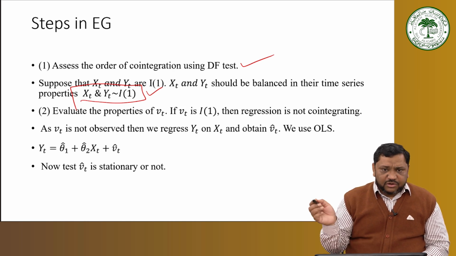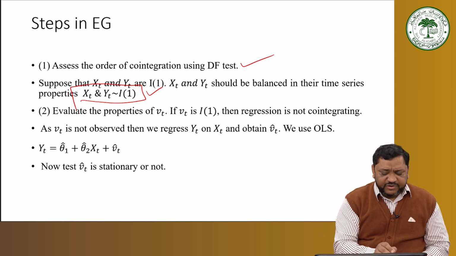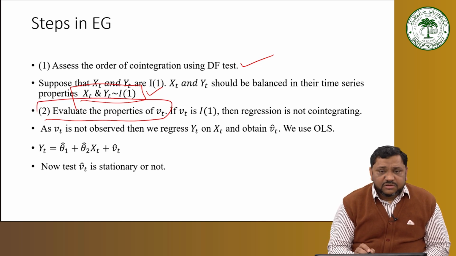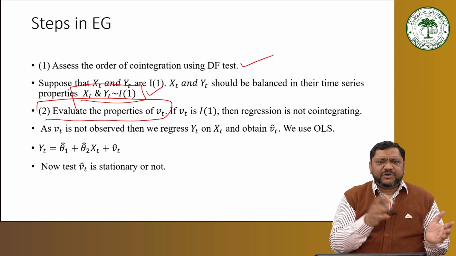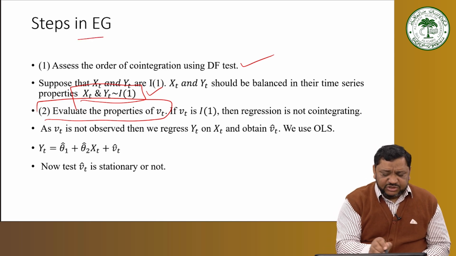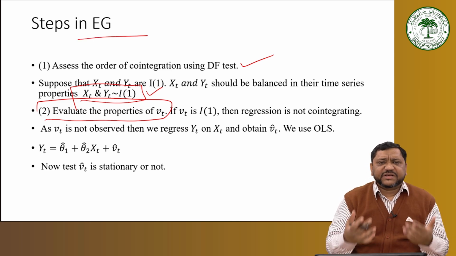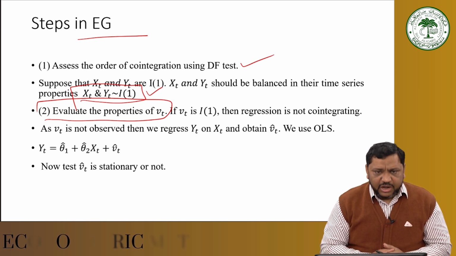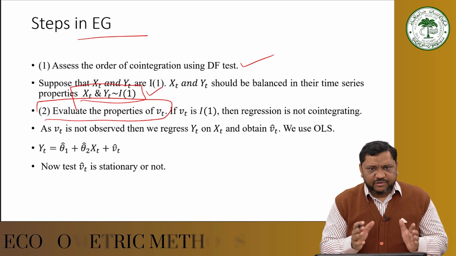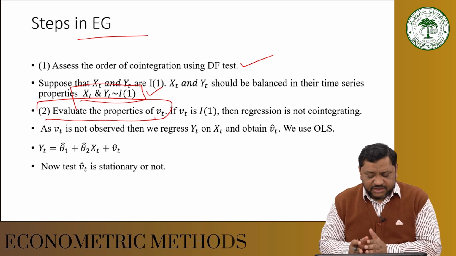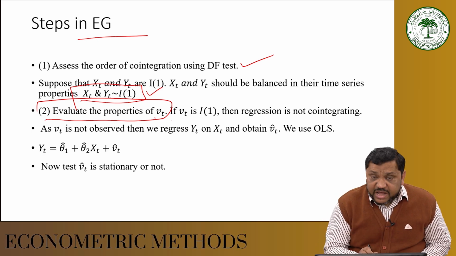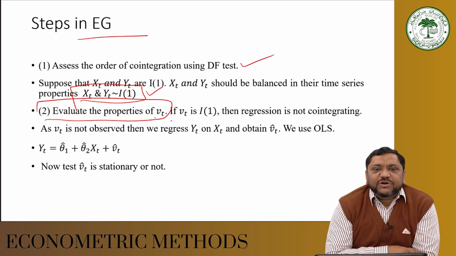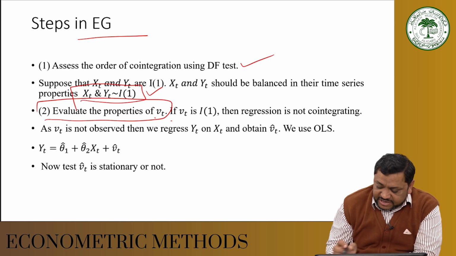Then we will get the Vt, the error term, and we will do OLS between xt and yt in this Engle-Granger process, because we are discussing the single equation Engle-Granger process. We do the regression and get the values of the error term, and we put this error term in for the stationarity check.